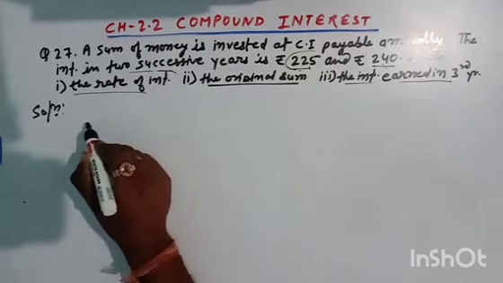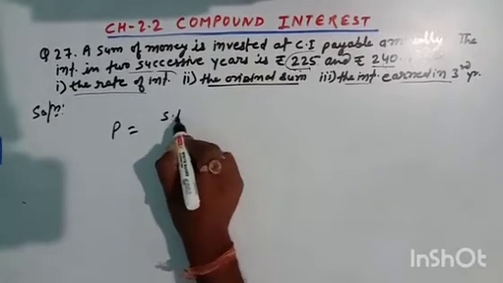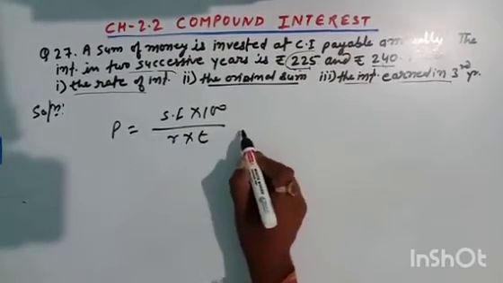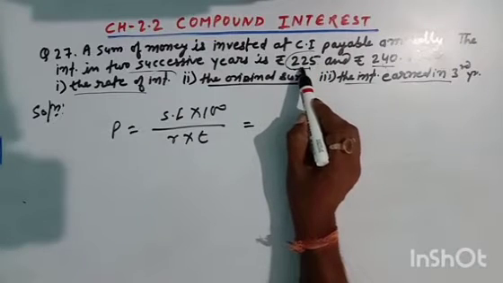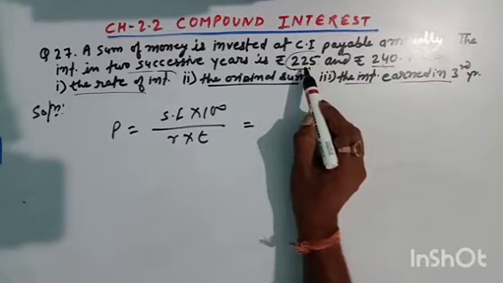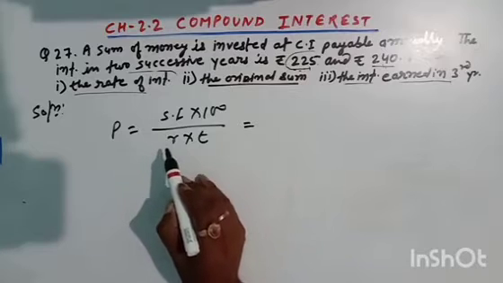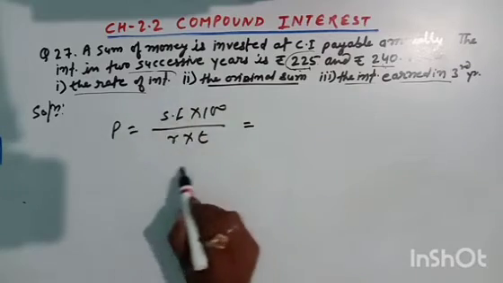The second part is the original sum, that is the principal. For finding the principal, write this formula: principal equals SI into 100 divided by R into T. This 225 is the interest for the first year, and compound interest and simple interest for the first year remain the same. So either you can use the compound formula or the simple interest formula to find the principal for 1 year. Here I have taken the simple interest formula.